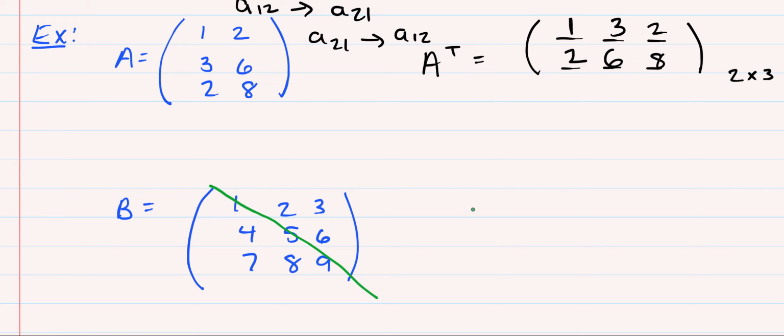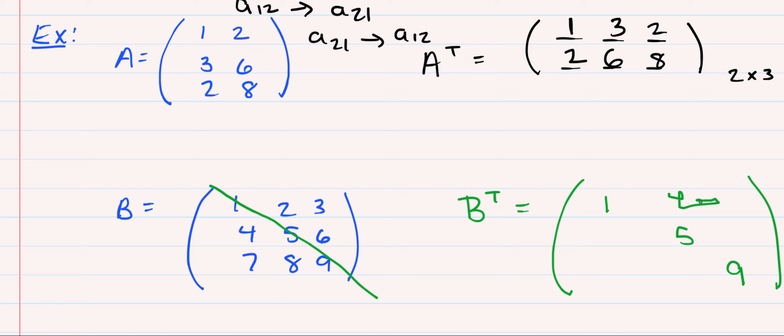So if I want to find B transpose, we keep the things on the diagonal the same. So this is 1, 5, 9, but whatever's here is now flipped here, and whatever was here is flipped down here, okay? So this becomes 4, 7, 8, and this is 2, 3, 6.